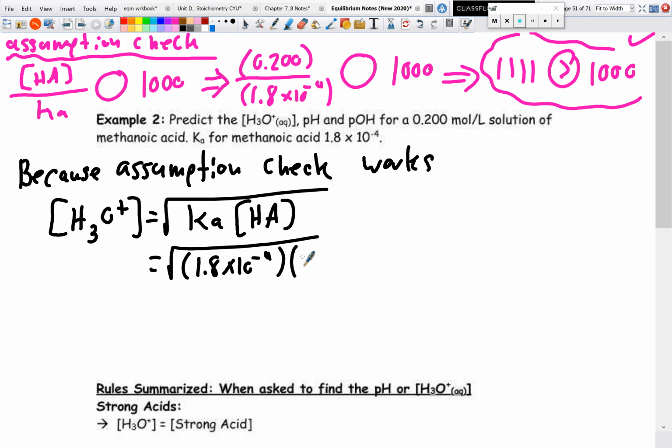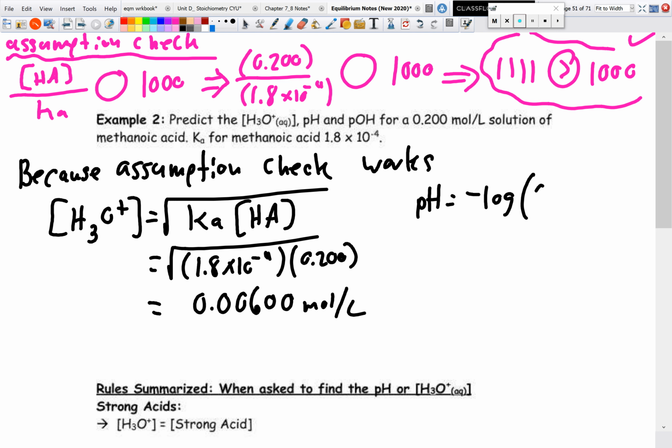And we plug in our values, and we get our answer. Then of course from here, as soon as we get the concentration of hydronium, pH is equal to negative log, and we get our value of 2.22.